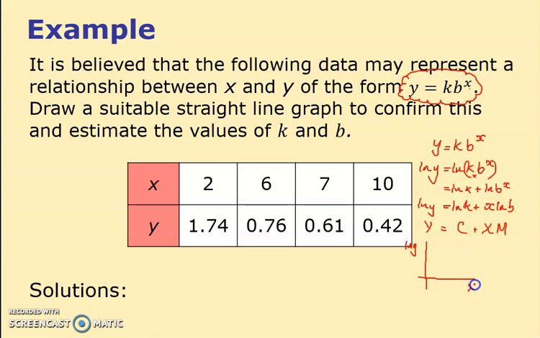It's going to say x here. So this is an x because you can see they line up. It doesn't say log x, it says x. So I've got a little bit less work to do this time. And when I do it, my y-intercept will be log k, and my gradient will be log b.